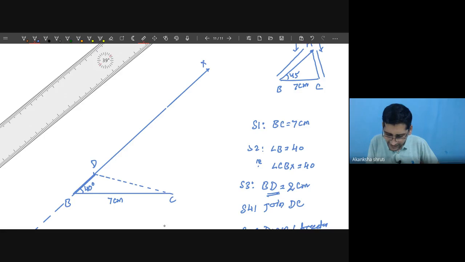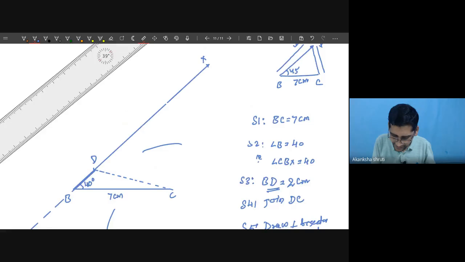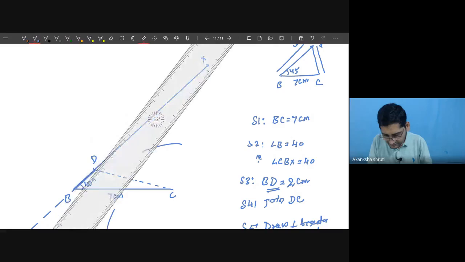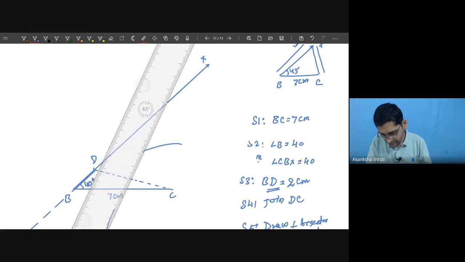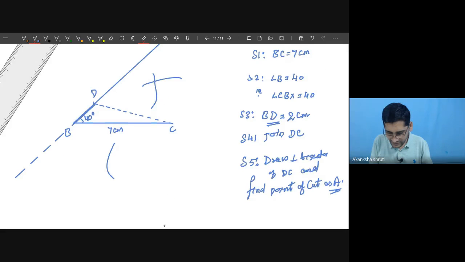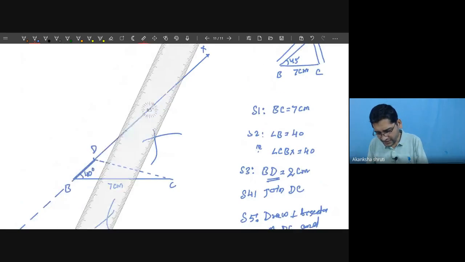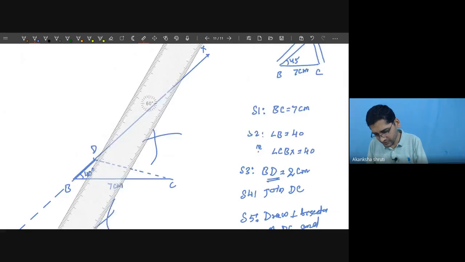So here one of the arcs is like this one, and another one is like this one, for this center C and the other for this center D. You will get one cutting this way, another cutting this way. Now from these two cuts, you have to join them.